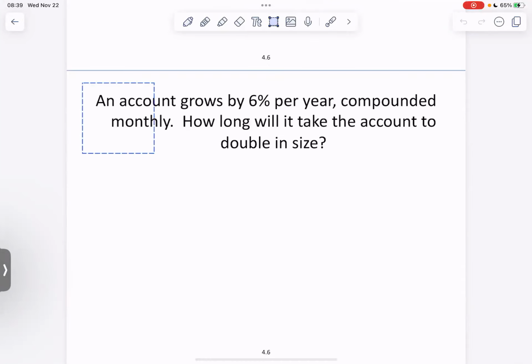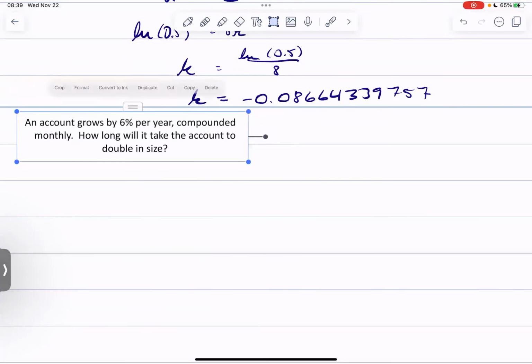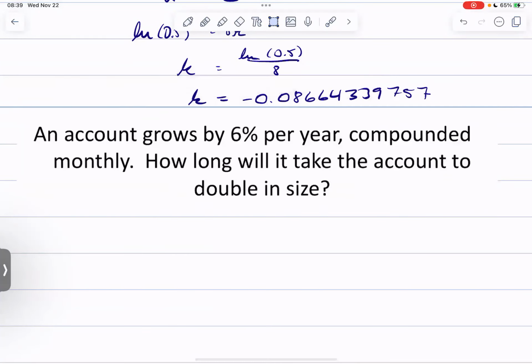Let's do doubling time. If an account grows by 6% per year, so now we've got a growth function, right? Compounded monthly.